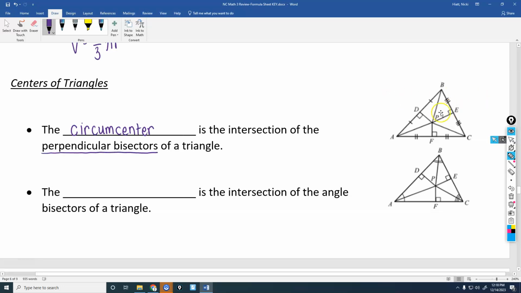Perpendicular bisectors are these lines here that cut the side in half and are perpendicular. Okay, in a triangle where you have a circumcenter, these 3 lines right here are congruent. So the lines from the center to the vertices are congruent.